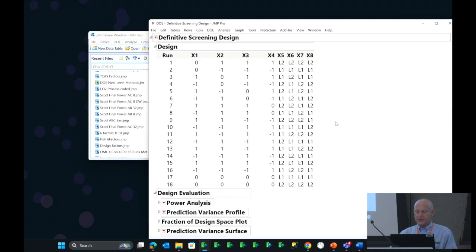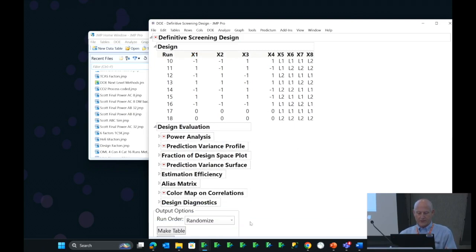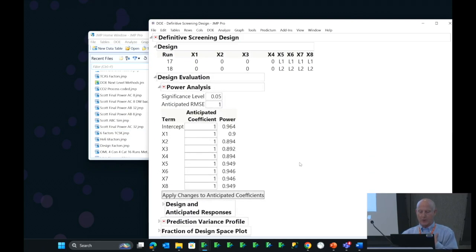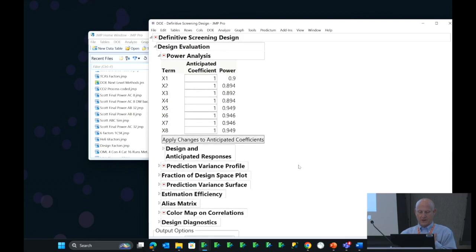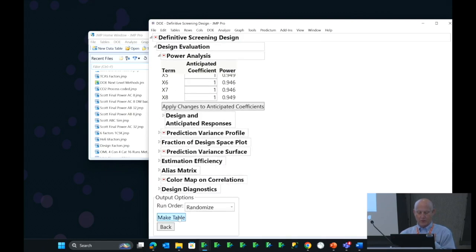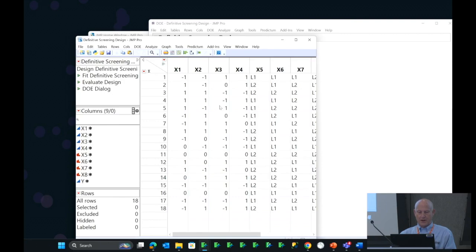And the difference here is you can see there's only diagonal zeros up here on the continuous factors. Zero makes no sense for the categorical. Okay, and so if I bring that power analysis up where we can see it, actually, I'll make the table for it. And now my table is by default randomized in JMP, so I no longer have everything on the diagonal.